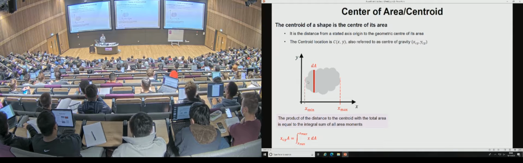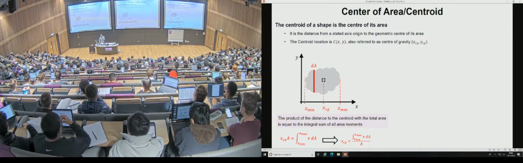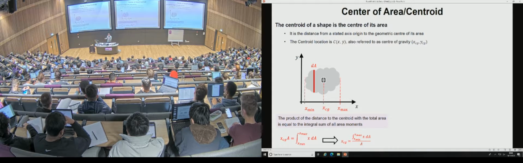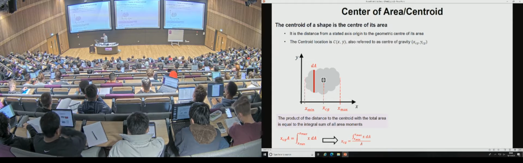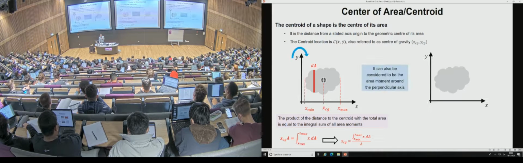And if you calculate the sum of that, and then you divide by the total, then you get the resultant, the average location of the mass, which is the average position of the mass in that coordinate. And that's the center of mass, the centroid in that coordinate.